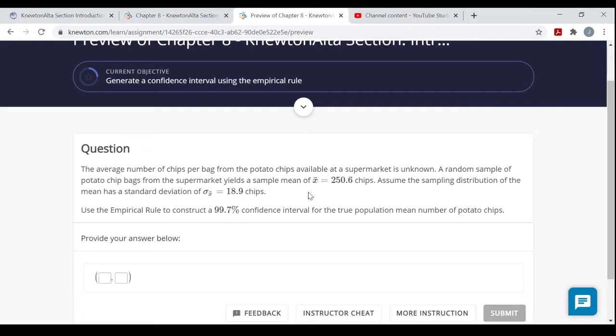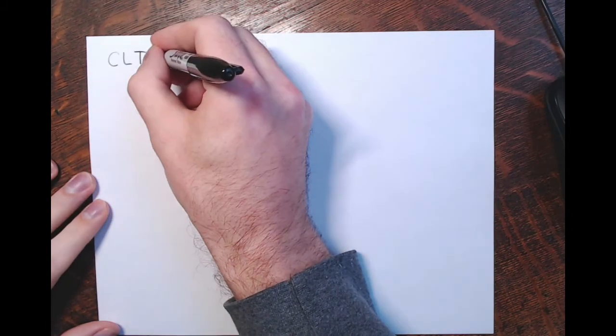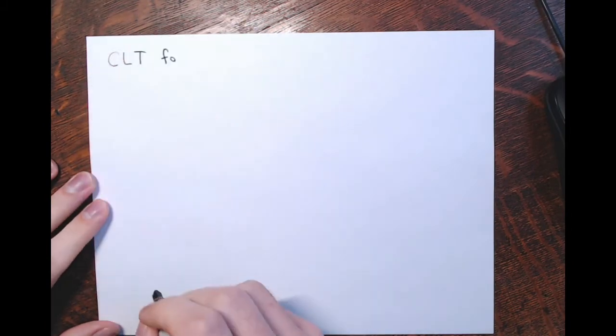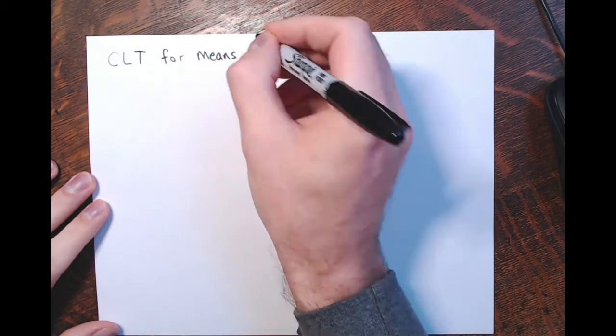We're trying to guess the mean number of potato chips in the bags for the entire supermarket, the whole population. To do this, we first have to recall the empirical rule, that 68, 95, 99.7 rule. And the central limit theorem also comes into play here, so I'll refresh your memory as to what that says. Remember the central limit theorem, CLT, for a population mean.